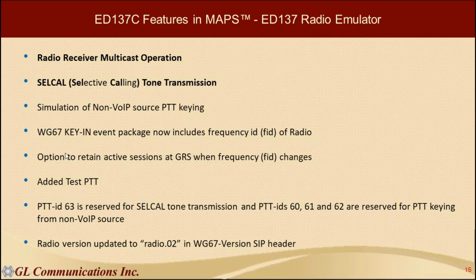In case of the WG67 key-in event package, now the radio is going to indicate the frequency ID of the radio. There is also an option to not terminate the calls whenever there is a frequency change, so the controller can opt for that option also. And the radio version is also updated to radio.02. So these are some important features introduced in the C version.